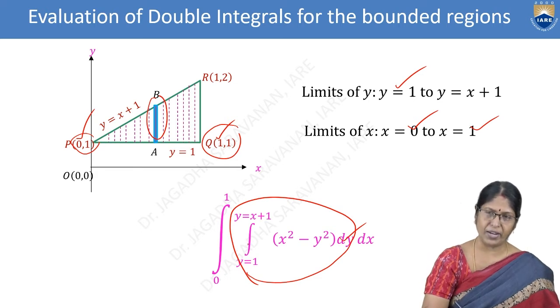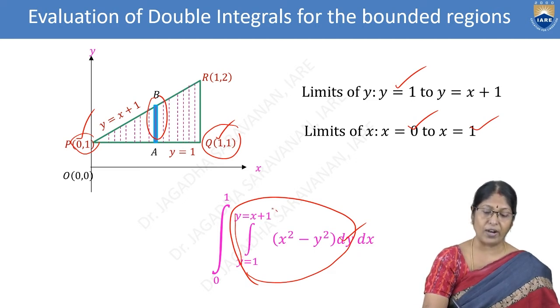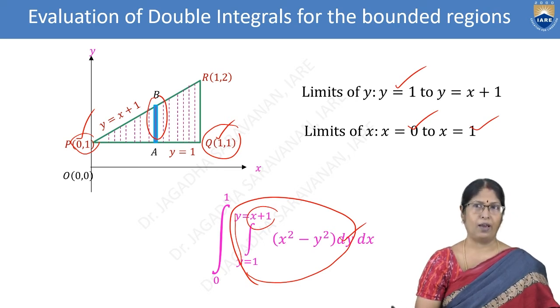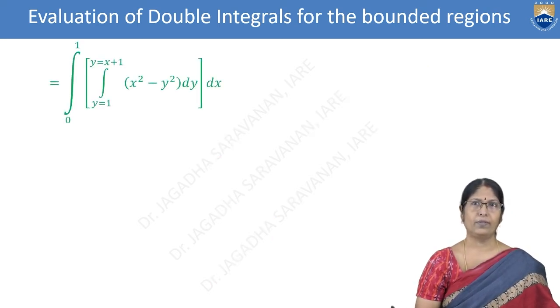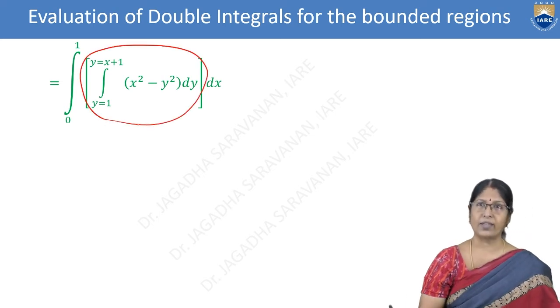That means the interior integration is defined for y, and the integration is a function of x. The interior integration first we will do, and we will concentrate on the outermost one afterwards. So the interior integration is circled here.